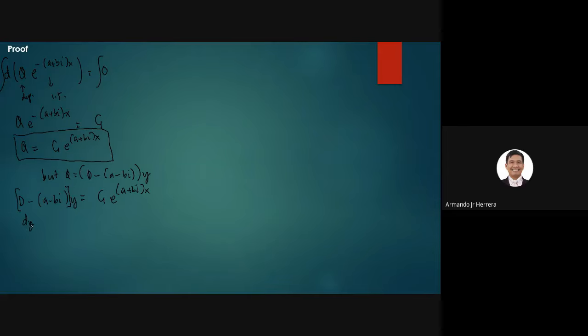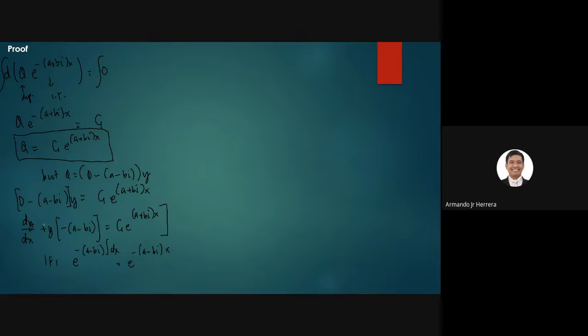So that's dy/dx plus y times negative quantity (a minus bi) equals c1 e raised to (a plus bi) of x. So again, our integrating factor is e raised to negative (a minus bi) integral of dx. So that's e to the negative quantity (a minus bi) of x.